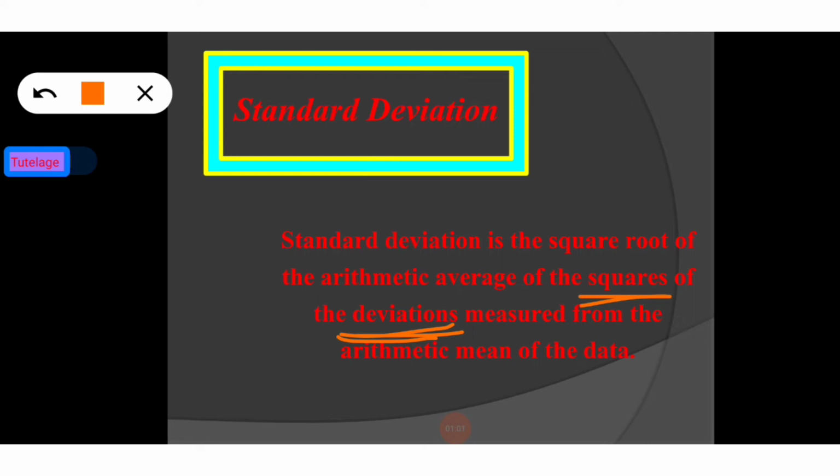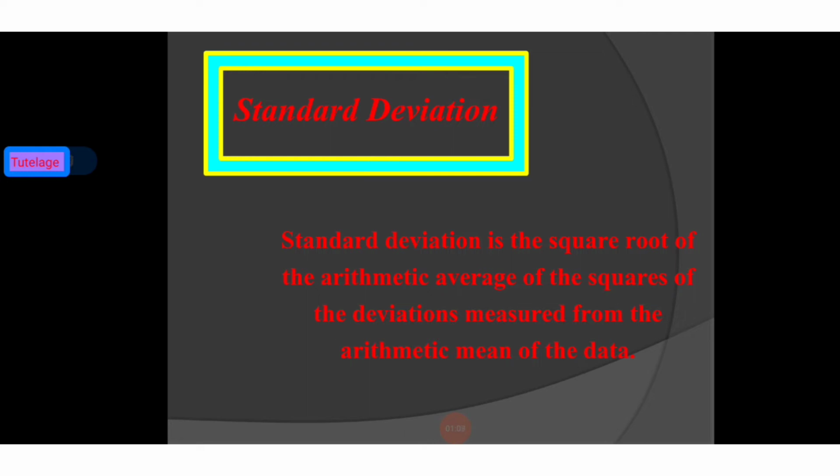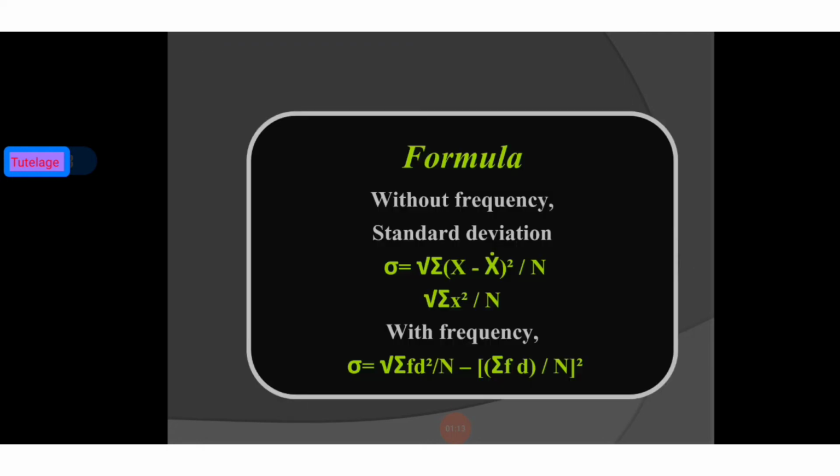So now we are going to move to another slide for the estimation or the calculation process of the standard deviation. So now move on to the next slide. So here this is the formula of the standard deviation.